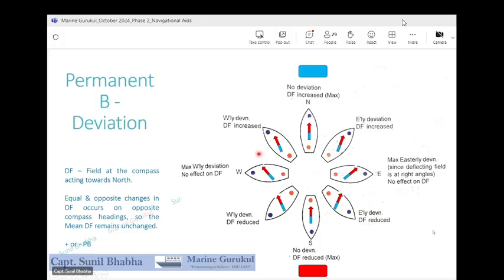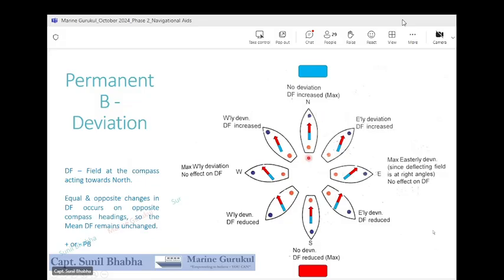Now with the vessel heading on the northerly heading, you can see that the poles of the ship are matching with the poles of the earth. The Earth's north pole is a blue pole and the ship structure also has a blue pole north of the compass. So this blue of the earth and blue of the ship are adding up, increasing the magnetic field.